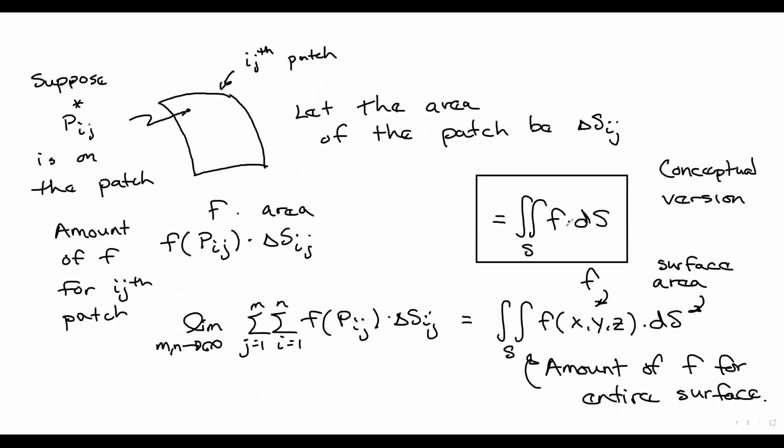So what is a surface integral? It's function times surface area. That's what the dS stands for here, surface area. Just like in the line integrals video, it's function times arc length. Okay, anyway, moving on. So how do we get from here to the evaluation version?